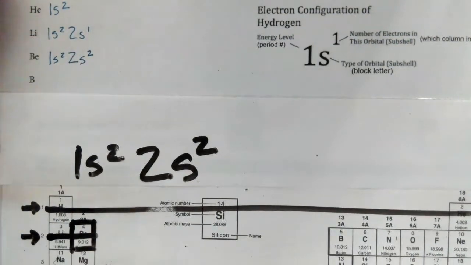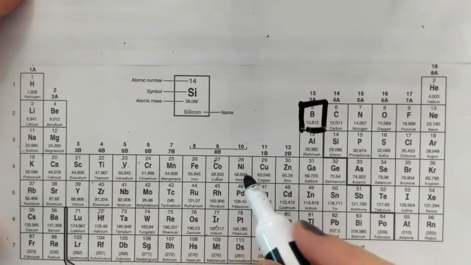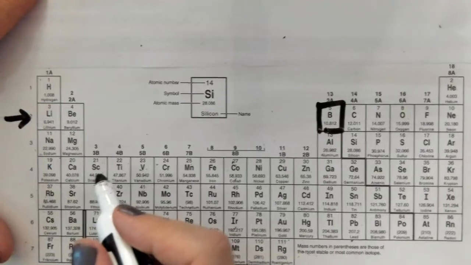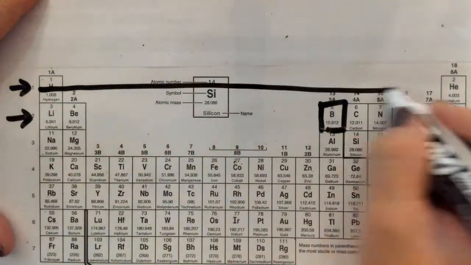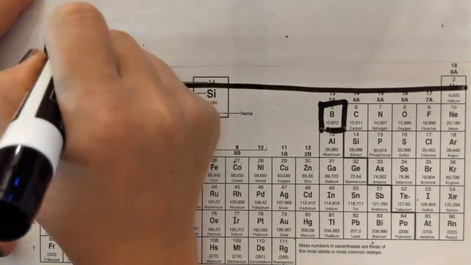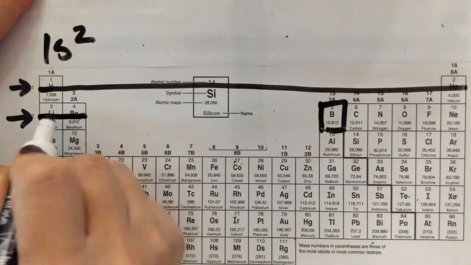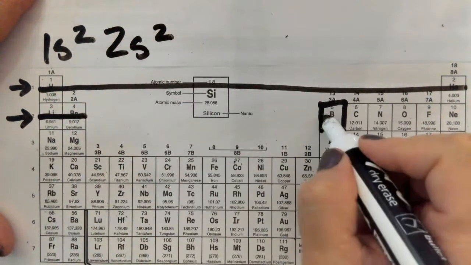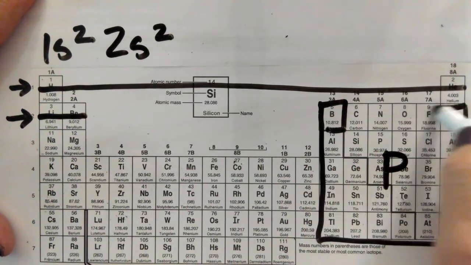Next is boron. Here is boron, and we're going to have to go through the first row. Boron is on the second row. So when we go through the first row, it's going to be 1s2. And then we're going to go through the S block, so that's 2s2, and now we're in the P block, which is here.